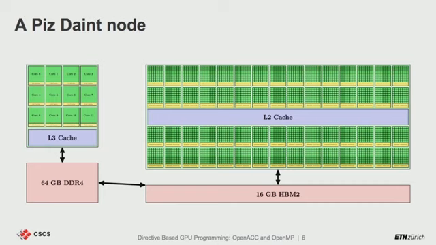Each core has a private L2 cache and an L3 cache, and then we have the main memory. And on the right-hand side, you see the GPU. Every small green thing is a core. So you see that there is a lot of parallelism in there. And we're going to see how they communicate with each other.